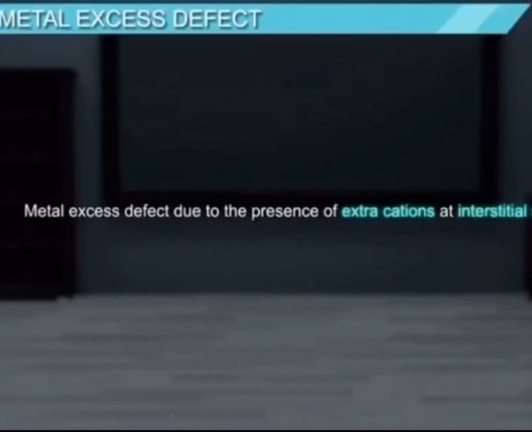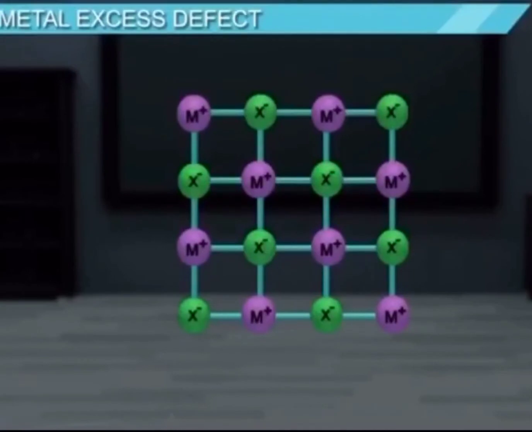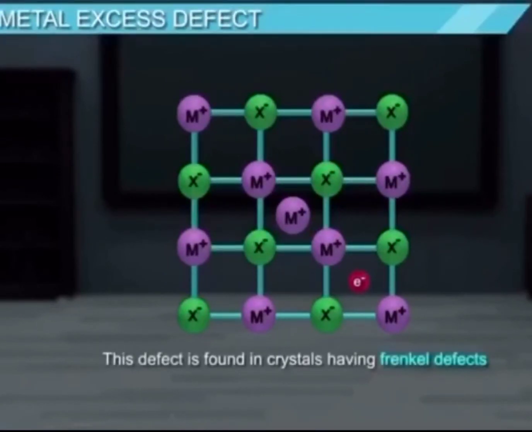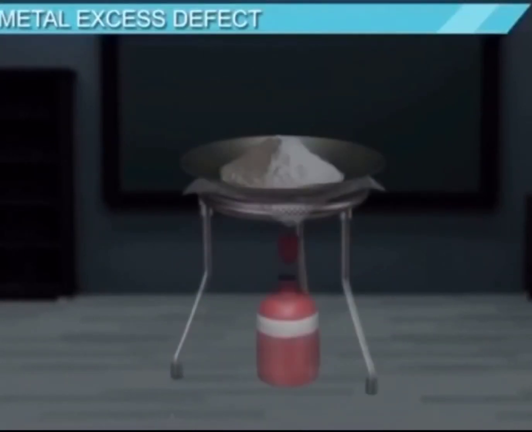Metal excess defect due to presence of extra cations at interstitial site. Zinc oxide is white in color at room temperature. On heating, it loses oxygen and turns yellow. This happens because excess of Zn2+ ions move to interstitial sites and electrons to the neighboring site.